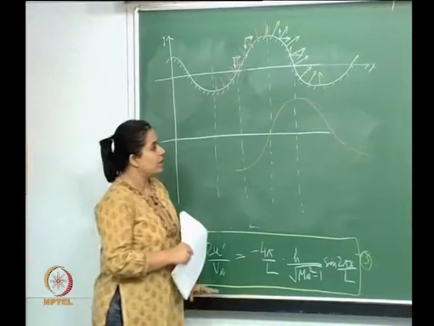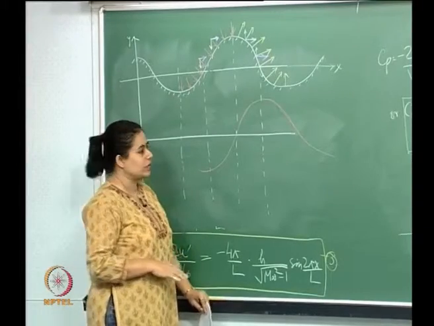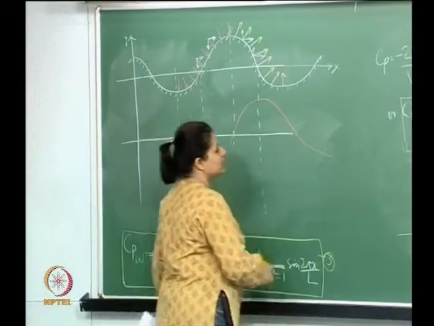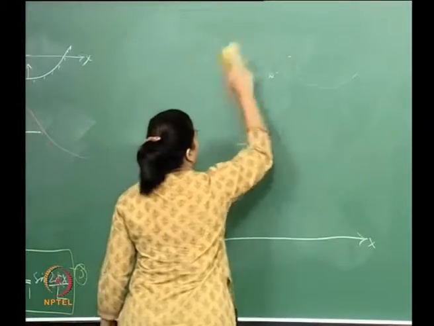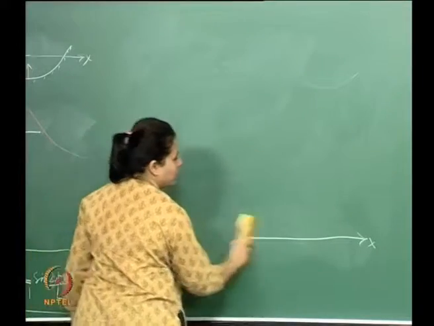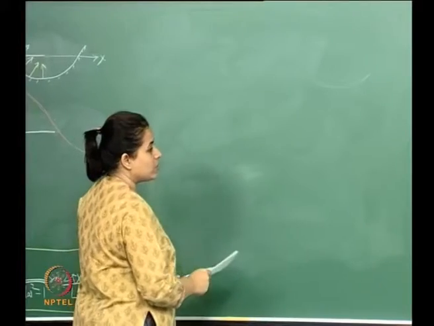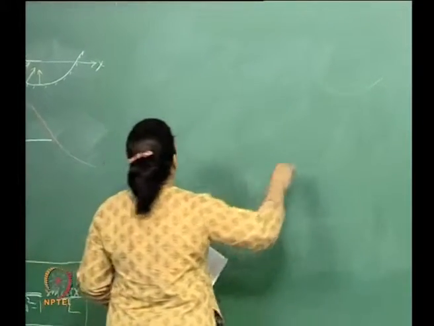Okay, so what we'll do now is take a minute and summarize the whole thing. Before we do that, where was our phi p? We got an expression for phi p, so let us look at that.